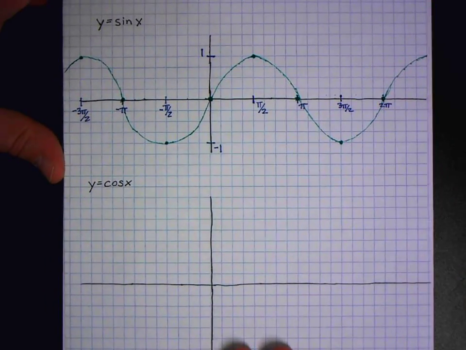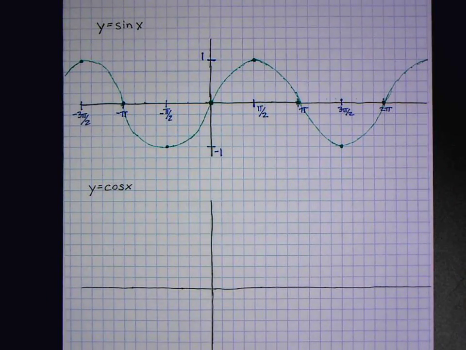And it keeps going on forever because your circle keeps going on forever. We talked about that. We can go around our circle as many times as we want to, so the sine curve goes on forever.